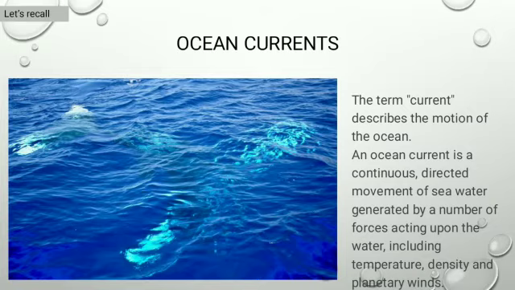An ocean current is a continuous directed movement of sea water generated by a number of forces acting upon water. As we have seen in the experiment, those forces are first and foremost temperature. As the temperature increases, the density of water decreases and lighter water starts replacing heavier water. So the factors are temperature, density and planetary winds.